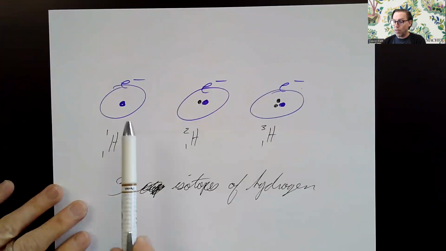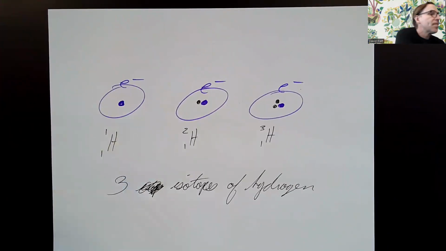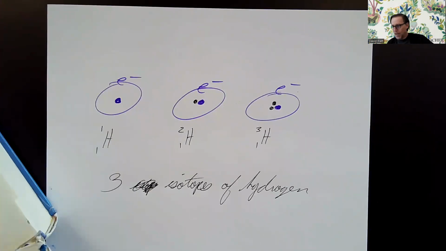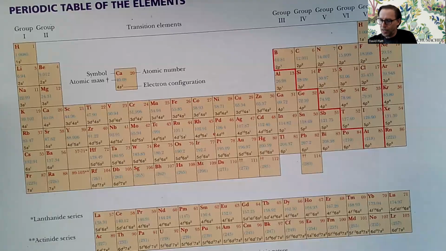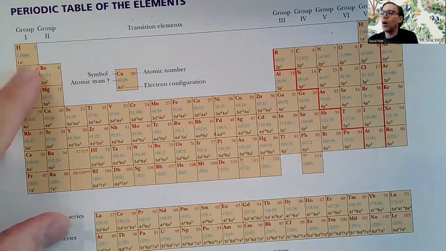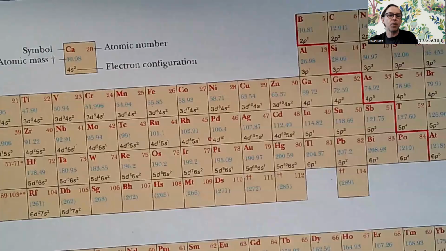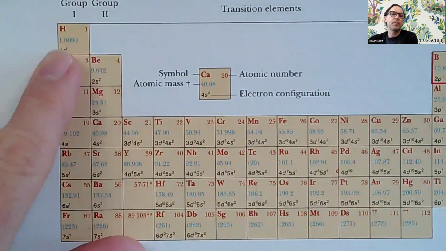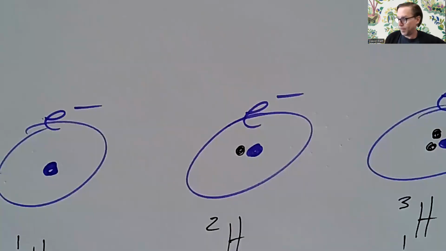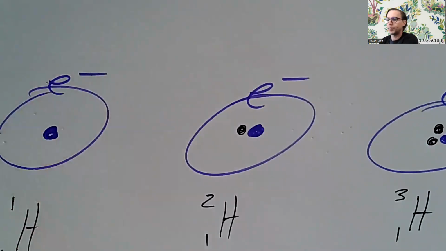How do I know that this is the most common one? If I look at the periodic table at hydrogen, this says 1.0080. It's actually 1 point out to more decimal places, 1.00794. But anyway, regardless, who cares? That's really close to 1. This mass of 1 means most hydrogen has a mass of 1.